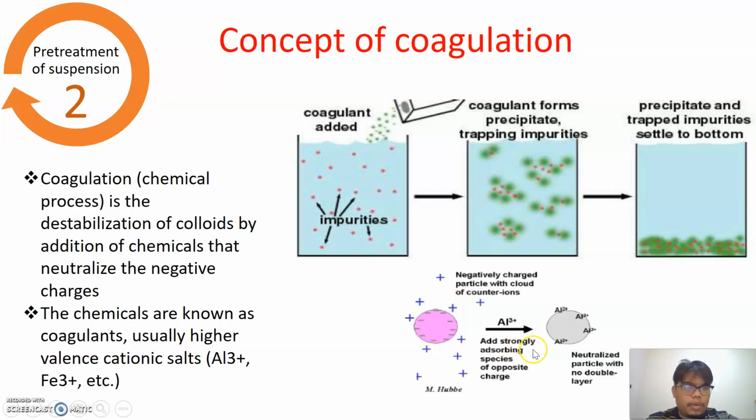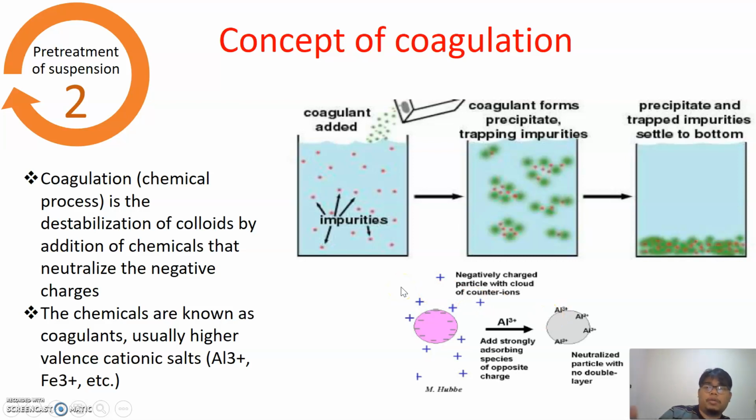And then when we add positive charge or the coagulant, it will give strongly absorbing species of opposite charge, and we will neutralize the particle with no double layer. So this is how it works.